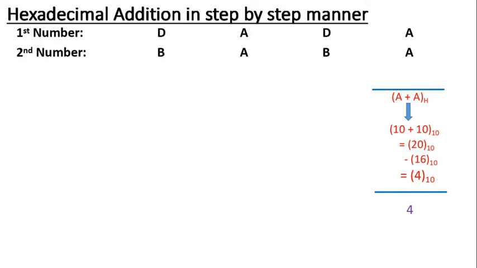And we know that 4 decimal is itself 4 in hexadecimal. So the part of the result at the bottom is 4, which is in hexadecimal. And as this intermediate sum was obtained after subtracting the base 16, a carry is to be forwarded to the next digit.